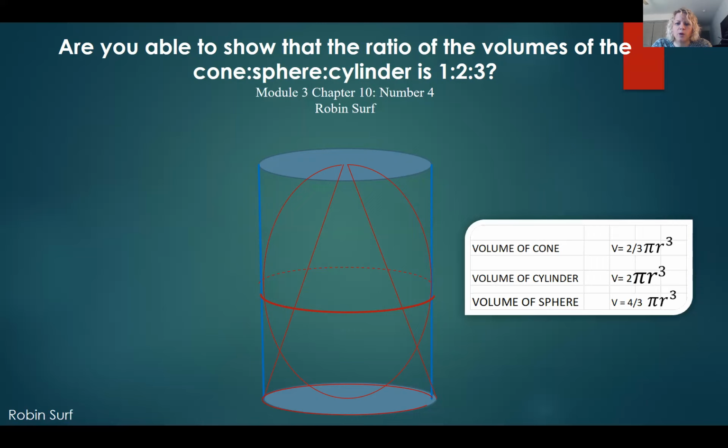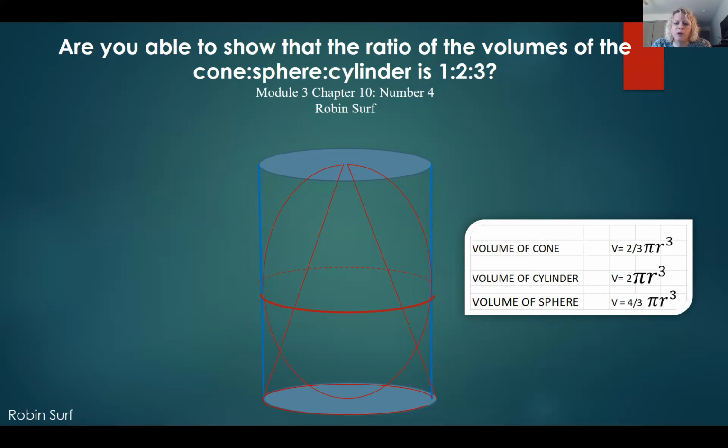All right, so next, to prove that the volumes are 1, 2, 3, we must divide each equation by the volume of the cone. So the volume of the cone divided by the volume of the cone is always going to be 1. Any number divided by itself is always 1. Remember that.